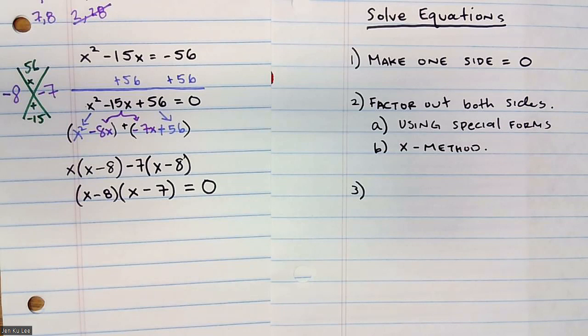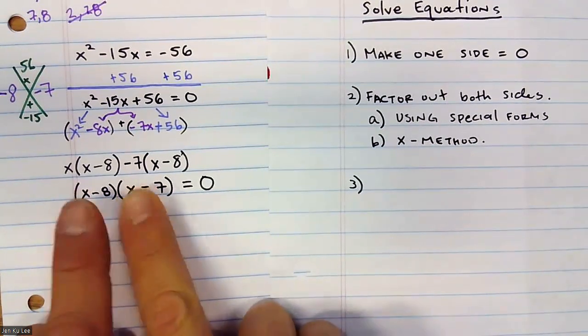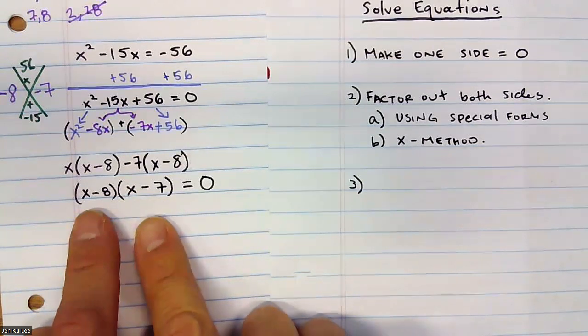When is the product equal to 0? When there's a 0, right? When one of these numbers equals a 0, the product is a 0, correct? So I have to make sure that one of these numbers has to be 0, right?